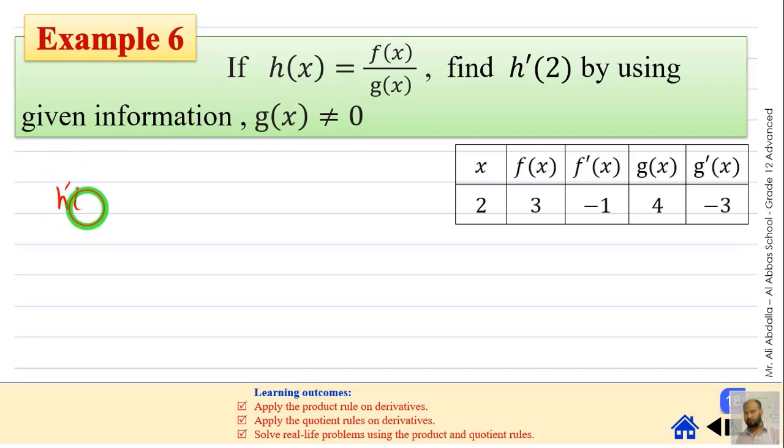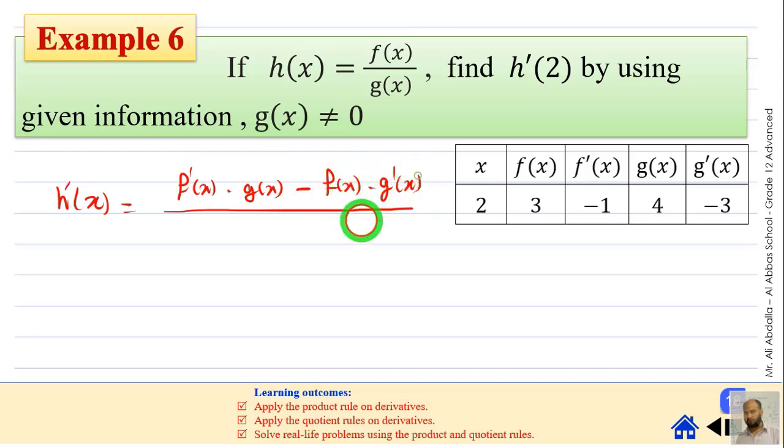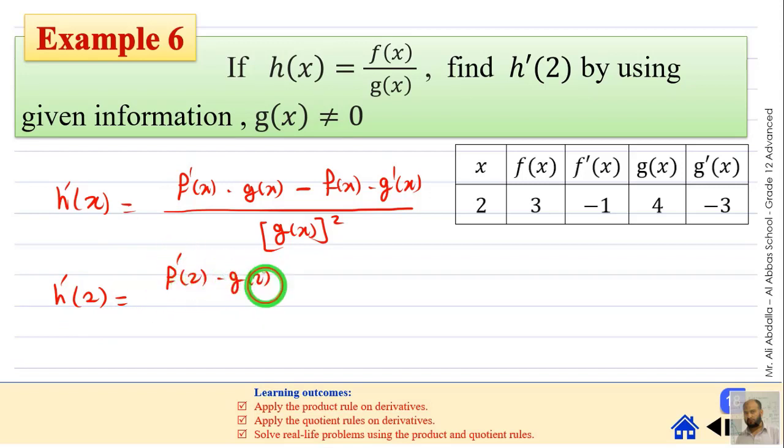Then we can find h'(x) equals f'(x) times g(x) minus f(x) times g'(x), over g(x) to the power 2. Here we need to find h'(2). Substituting x equals 2, we find f'(2) g(2) minus f(2) g'(2) over g(2) to the power 2.